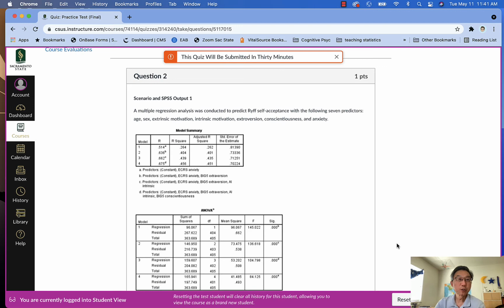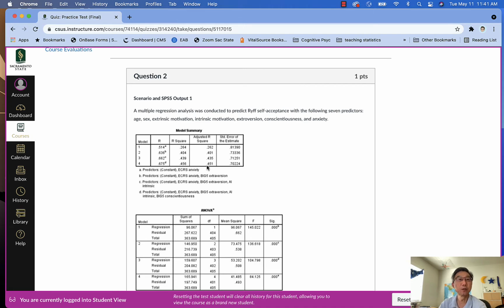The next question, a set of questions rather, is about a scenario, and in this case, an SPSS output. So a multiple regression analysis was conducted to predict the RIF self-acceptance with the following 7 predictors: age, sex, extrinsic motivation, and so on.